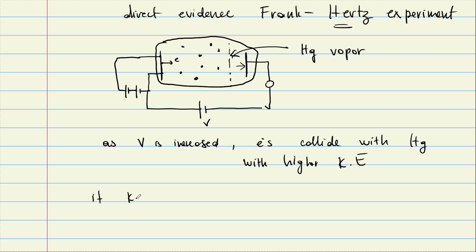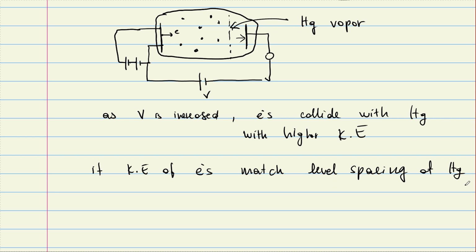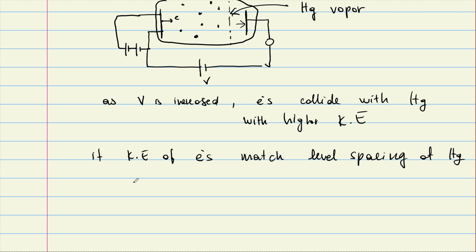If the kinetic energy of the electrons matches the level spacing of mercury, they lose their energy. So electrons lose kinetic energy. As a result, no current, or the current will decrease.